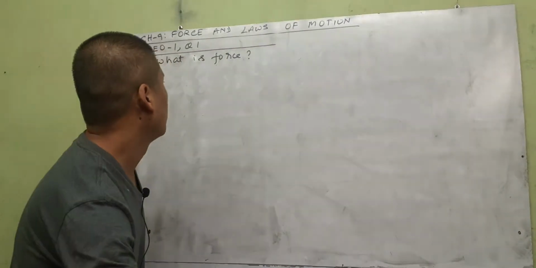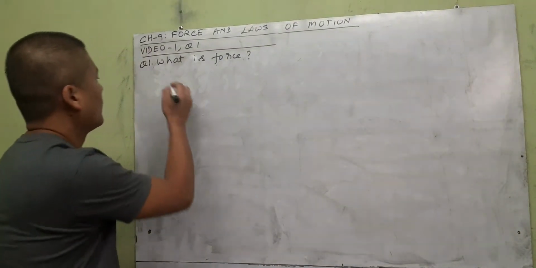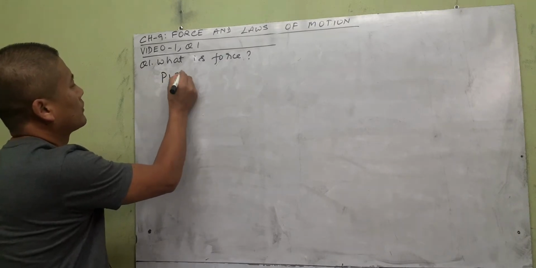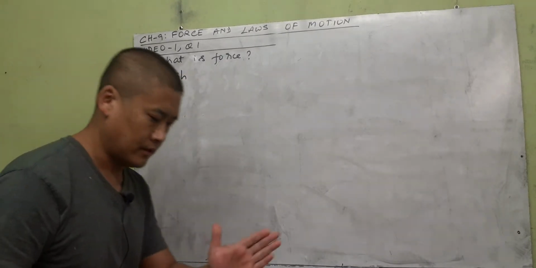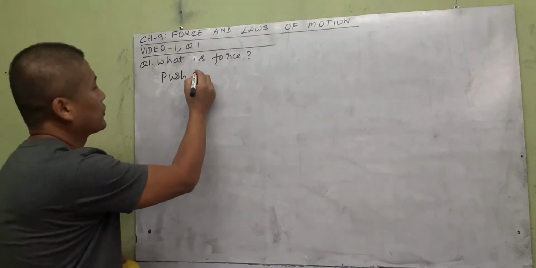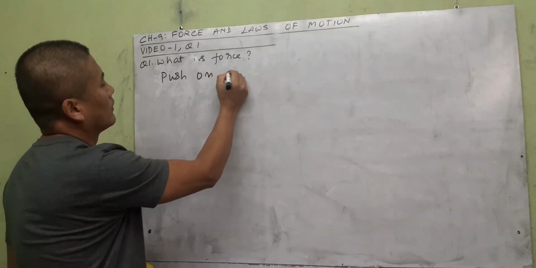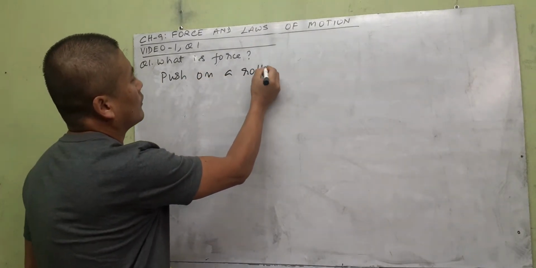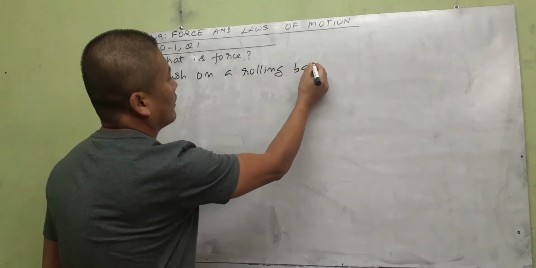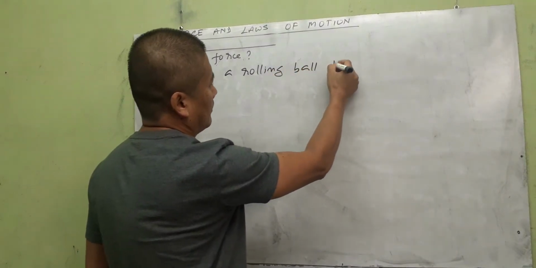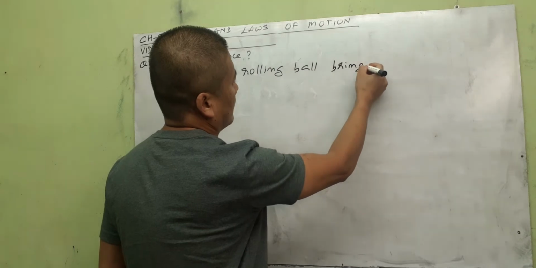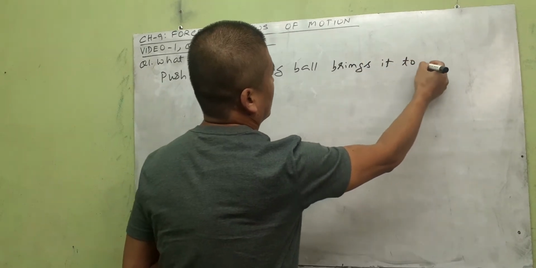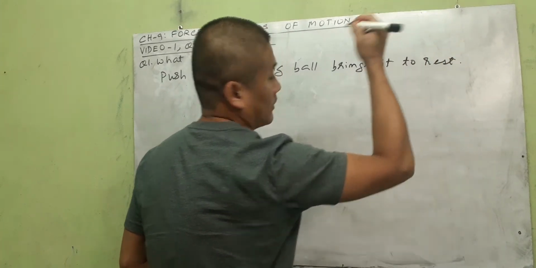So what did you do? A slight push on a rolling ball brings it to rest. Just write it down, you will get it.